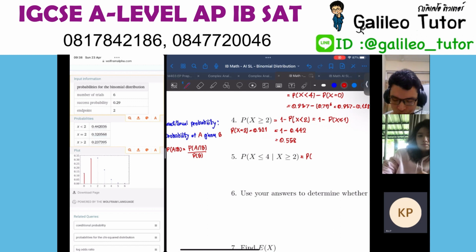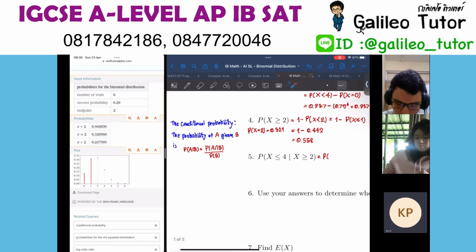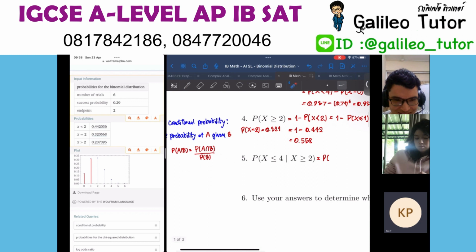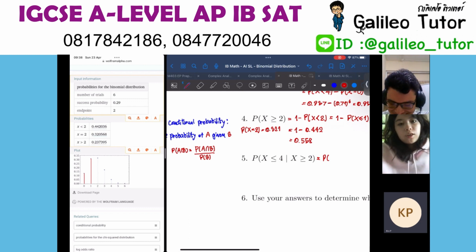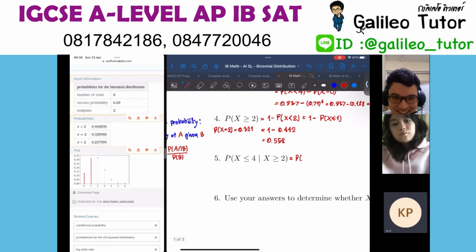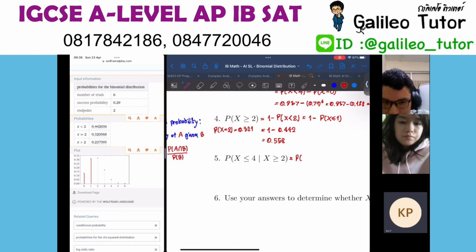So according to the conditional probability formula, what is the numerator? You mean 0.991?